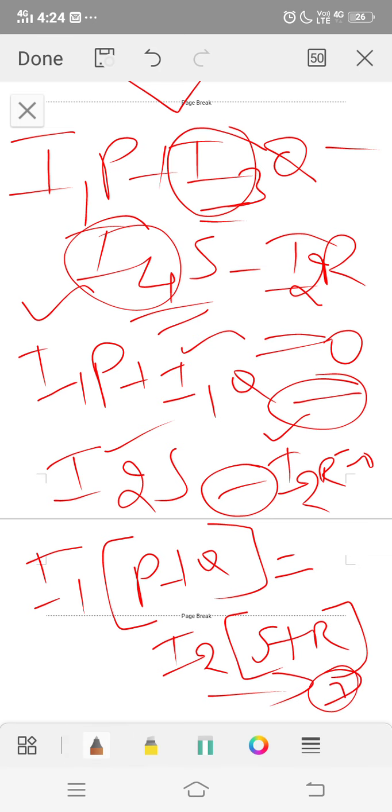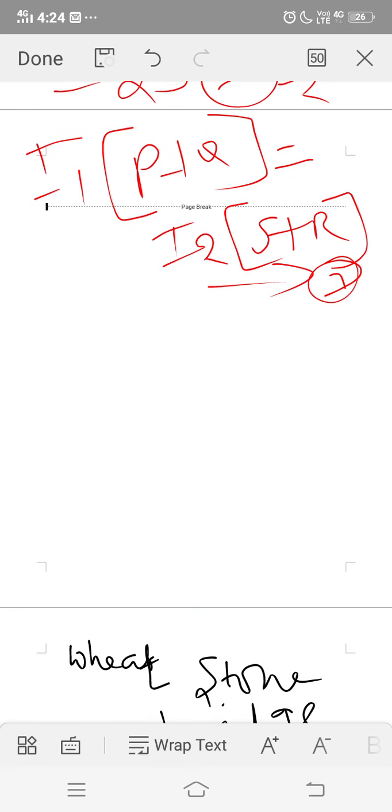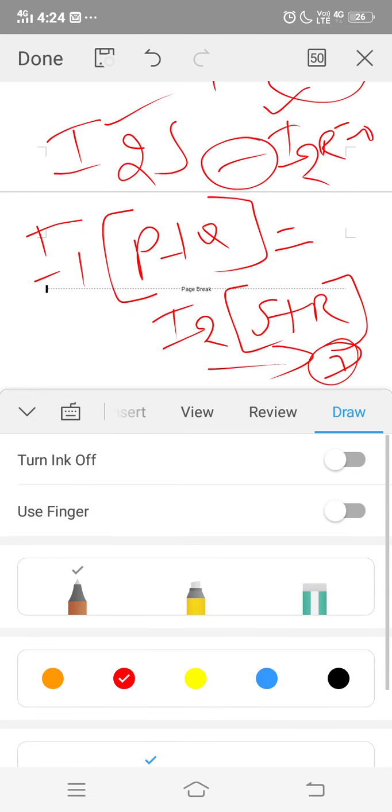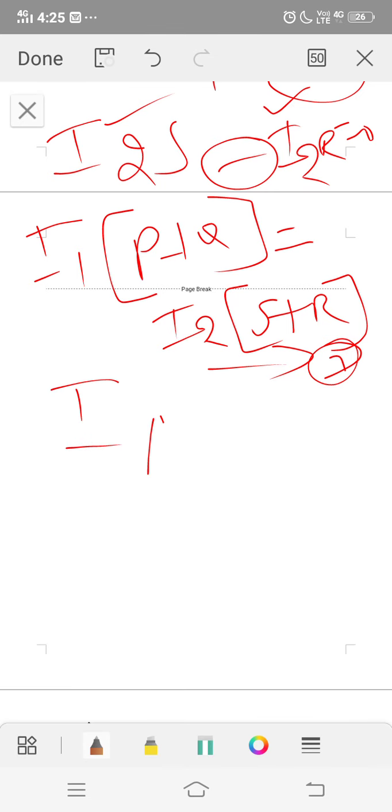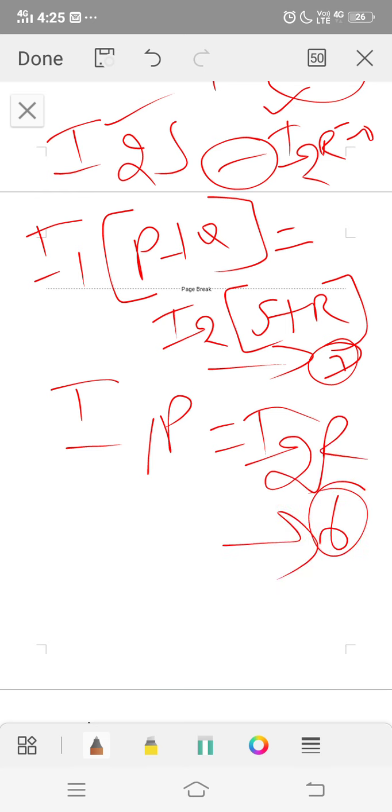Now we are dividing this equation 7 by equation 6. What is equation 6? Equation 6 is nothing but I1P is equal to I2R. We are dividing both the equations. What will the equation become?